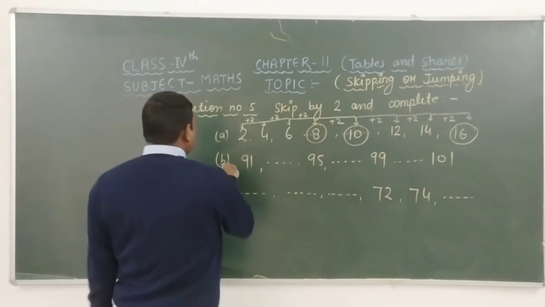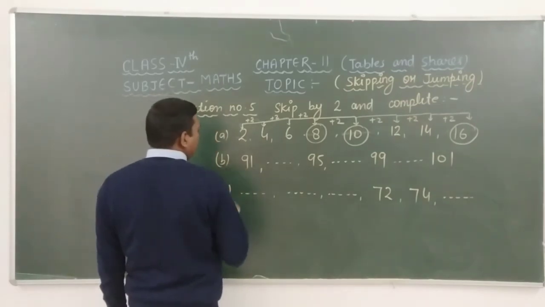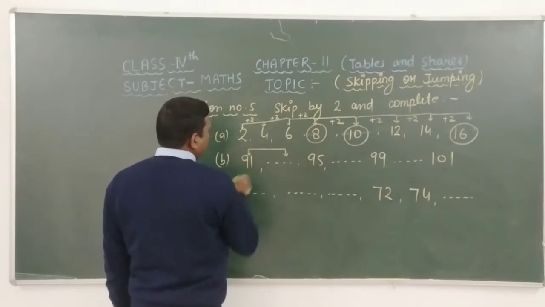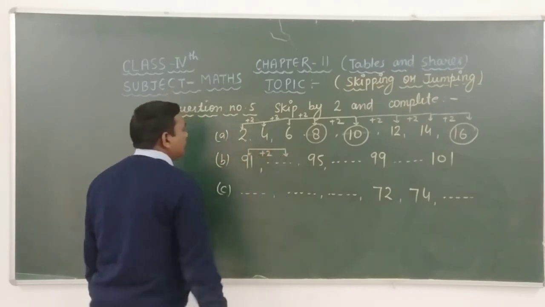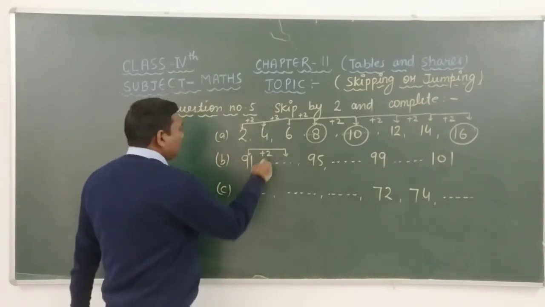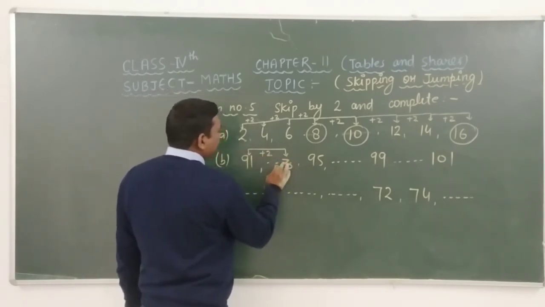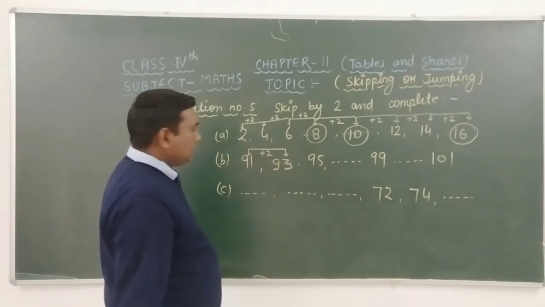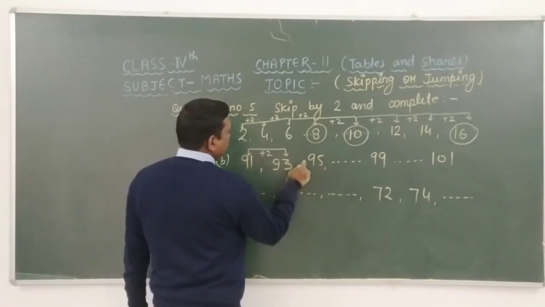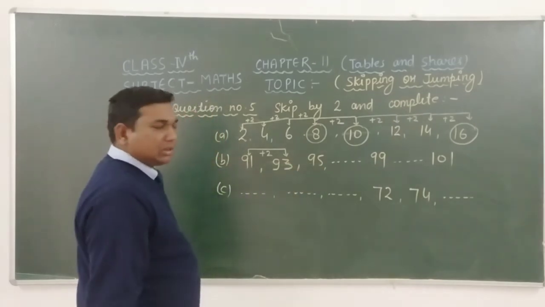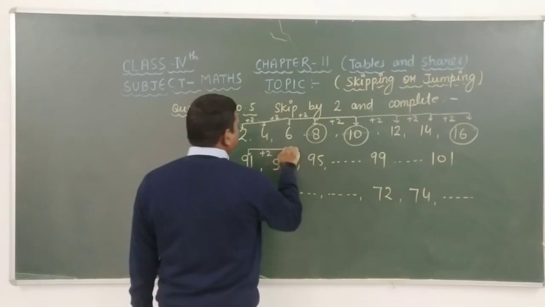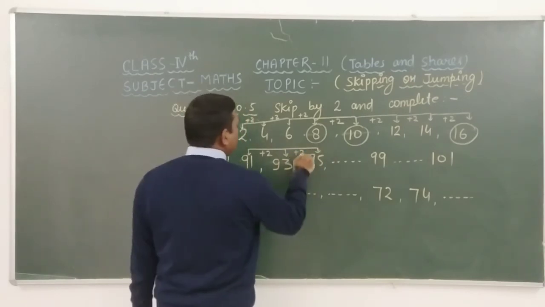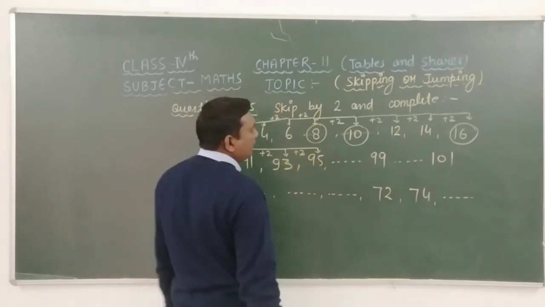Okay students, look here carefully. Here it is given 91. If we add 2 to 91, we get 93, and this 9 we can write the same. If we add 2 to 93, we get 95.